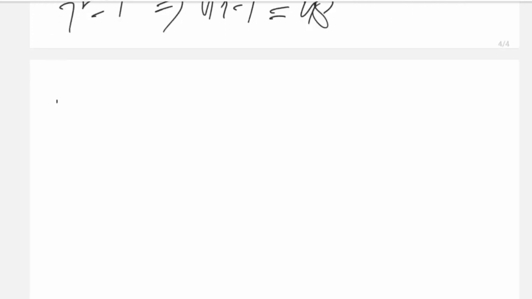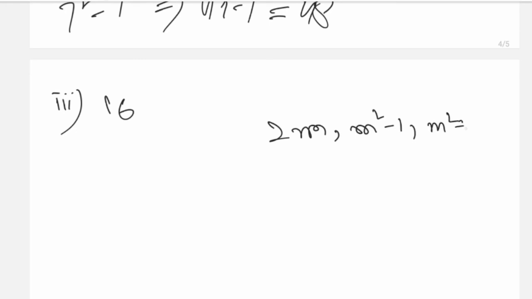Now number 3. Number 3 is 16. As we write it, 2m, m square minus 1, m square plus 1. So 2m is equal to 16, so m is equal to 8.